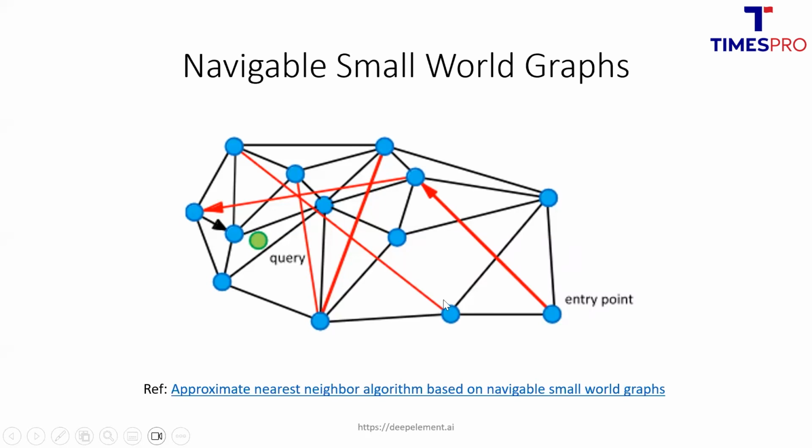And then from here again, we see what are all the edges of this particular point. And we compute the distance between the query point and the edges of this point. So eventually we keep traveling from the entry point in the direction which minimizes the distance between the query point and the nodes. So this is a graph based approach.